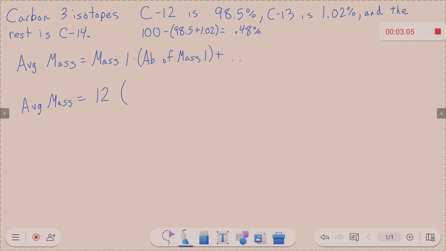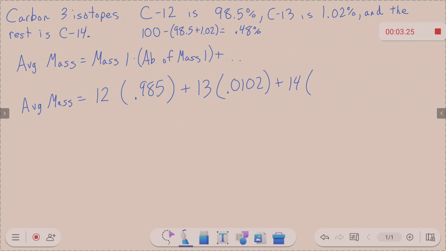So we have 12 times 0.985, the percent abundance as a decimal, plus 13 times, be careful, 1.02% as a decimal is 0.0102. And then 14, be careful again, some people see that 0.48 and they want to plug 0.48 in here.